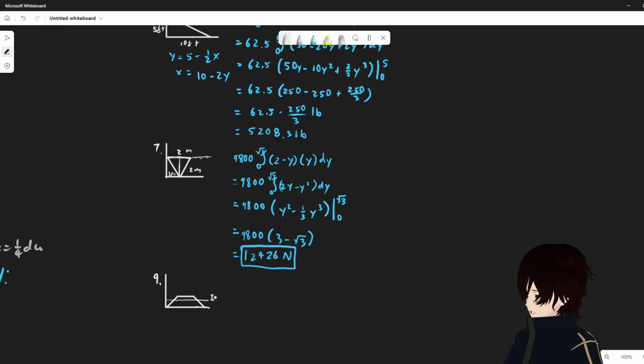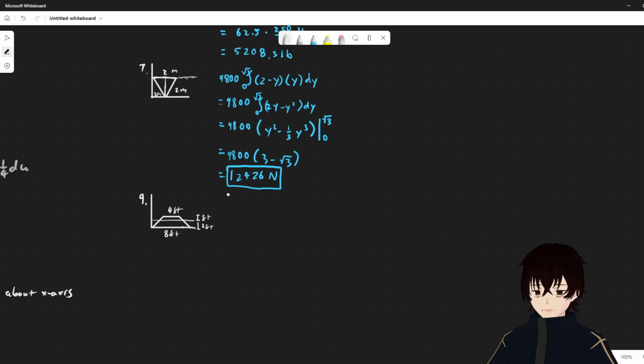This is gonna be in foot again. This is 1 foot. This is 2 foot. The top is 4 foot. The bottom is 8 foot. Okay, let's consolidate first. I don't know if that's actually what you call it.